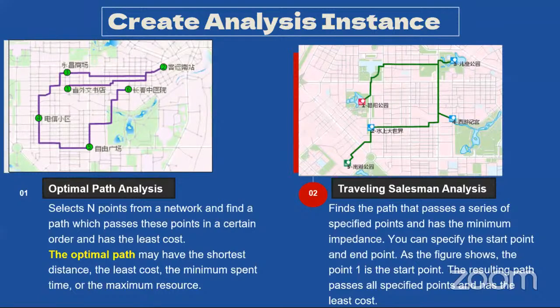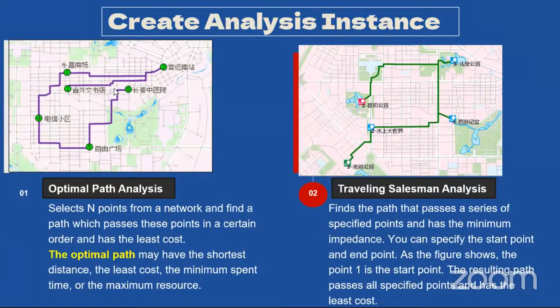The optimal path analysis has the shortest distance, least cost, and minimum time spent. The traveling salesman analysis lets you specify the start point and end point, and it will not follow any order, while the optimal path analysis will follow the order from 1 to 7, like you can see here.